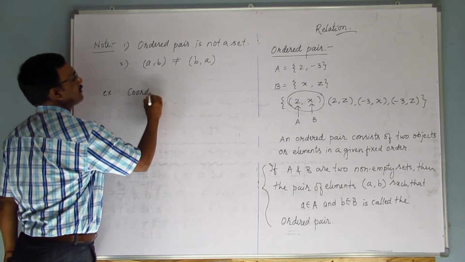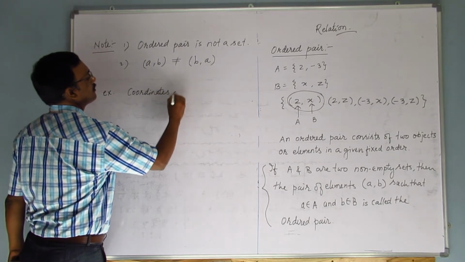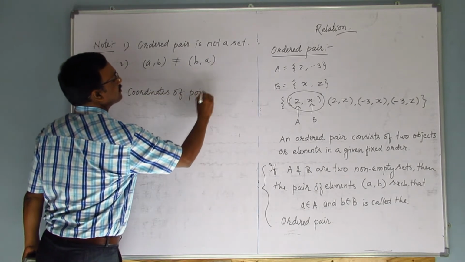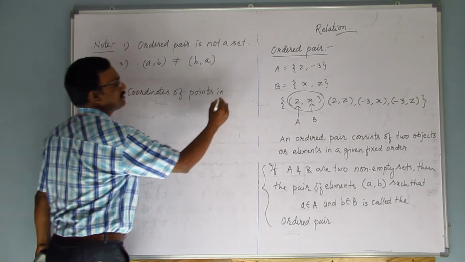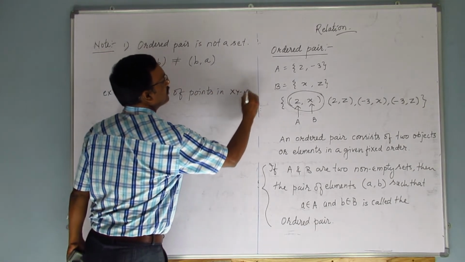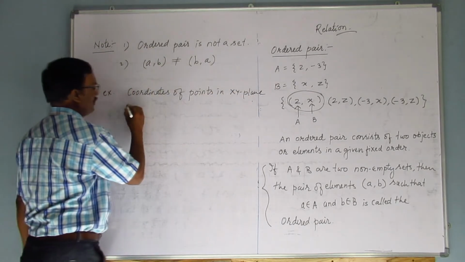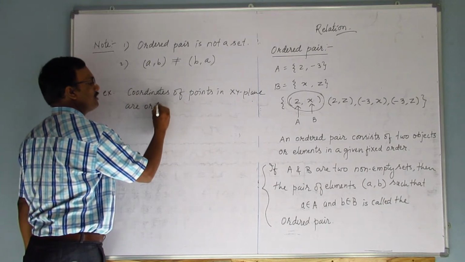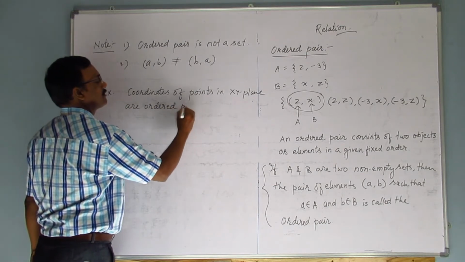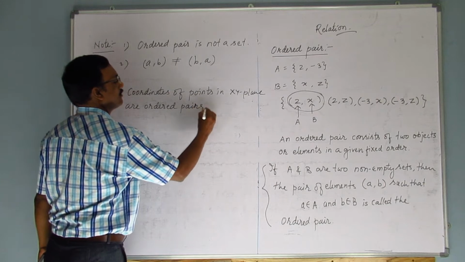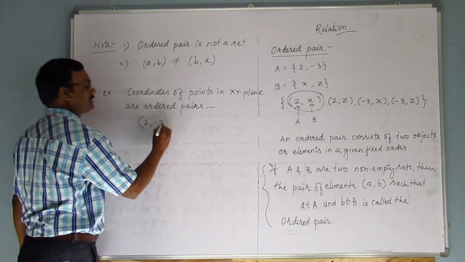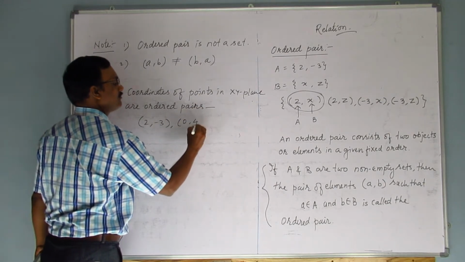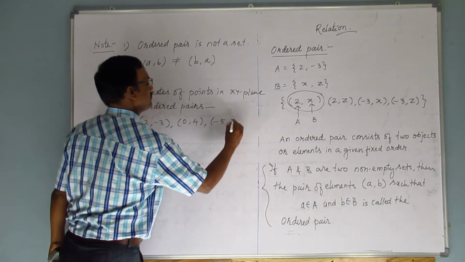Coordinates of points in the xy plane are ordered pairs, like (2, -3), (0, 4), (-5, 7).